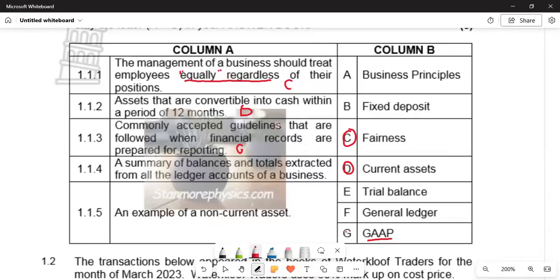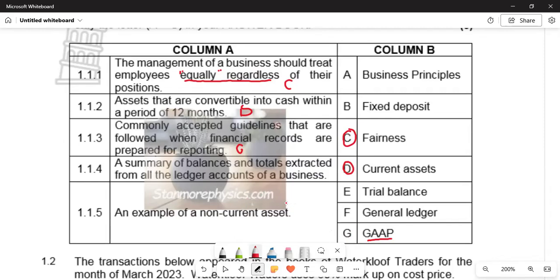One can ask, what is GAAP in full? GAAP stands for Generally Accepted Accounting Principles.